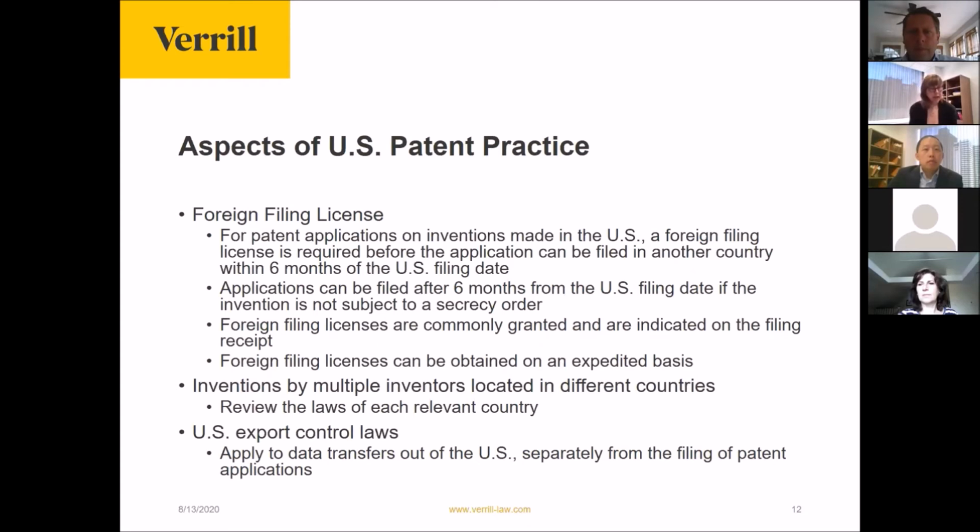Applications can be filed after 6 months from the US filing date, as long as the invention has not become subject to a secrecy order. Patent applications are reviewed once they're filed to determine whether a secrecy order is likely or not. If not, which for most technologies is not an issue, a foreign filing license is commonly granted, and that's indicated right on the filing receipt. So you typically know that within a matter of a few weeks.